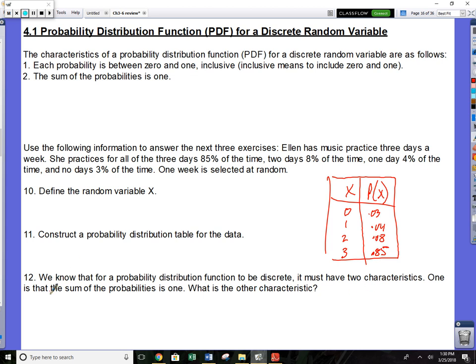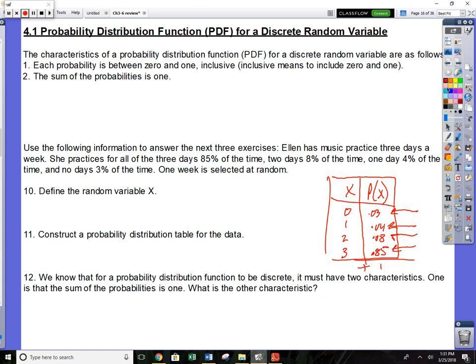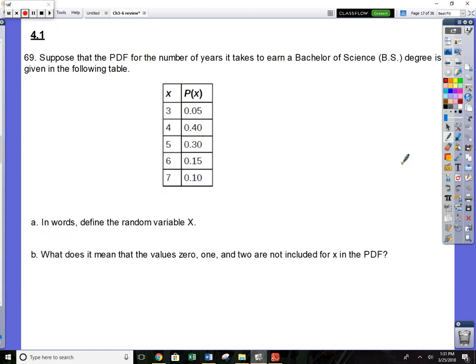One is that the sum of each outcome is 1, and we just did that. The other characteristic is that each of these individually has to be between 0 and 1. And check, so we're in business.